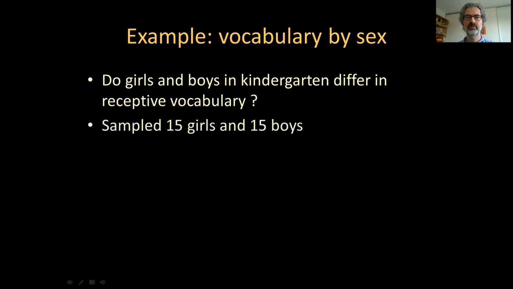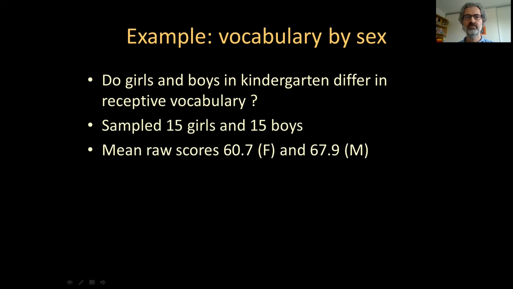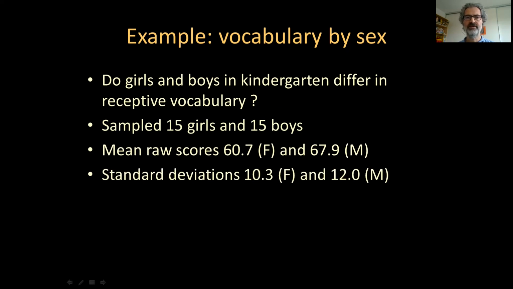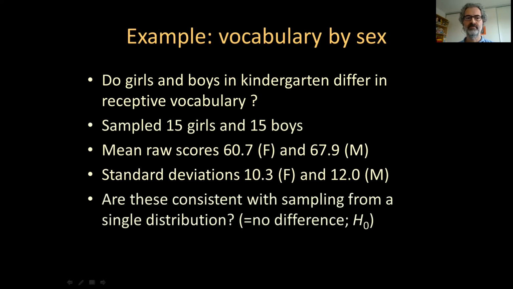In this example, we'll use a sample of 15 girls and 15 boys with mean raw scores on the vocabulary test equal to 60.7 for the girls and 67.9 for the boys. And the corresponding standard deviations for the two groups are 10.3 and 12.